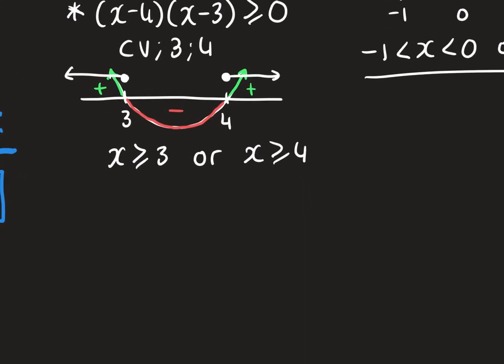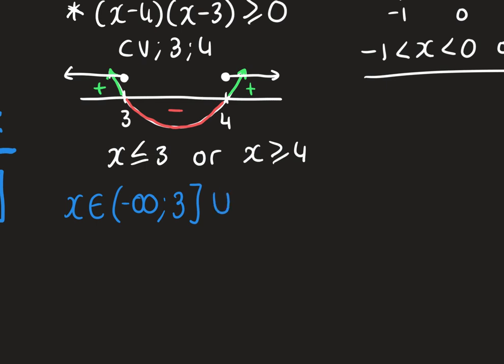These two over here, how we would represent this, we would say x is an element of... oh, I've made a mistake here. This should be less than, isn't it? There we go. So x must be less than or equal to 3. So we should state that it should be from negative infinity to 3, close square bracket, union, which is the sign for the or in interval notation, 4 to positive infinity.